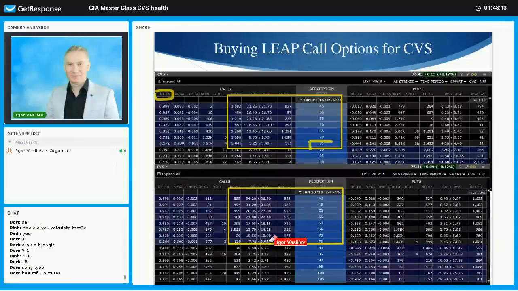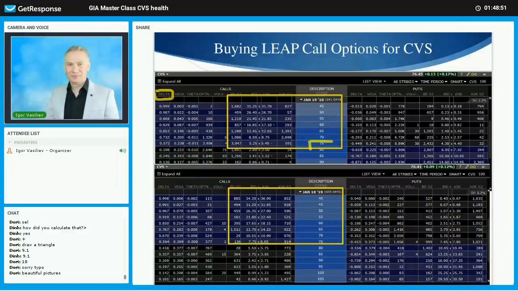Okay, and a similar story you can calculate with $8. You can see that if we put $8 here, that would be an increase of 5.6 times. And you notice, look, the deeper in the money the call, the higher the delta. So when the price is going to go up, it might move not only $3.7, it might move $4.5, because with each dollar it goes up, the delta will increase.